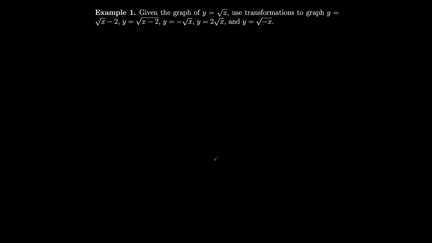Given the graph of y equals square root of x, use transformations to graph y equals square root of x minus 2, y equals square root of x minus 2, y equals minus square root of x, 2 square root of x, and square root of minus x. So let's start with the graph of y equals square root of x. We're given that this graph just looks like that.